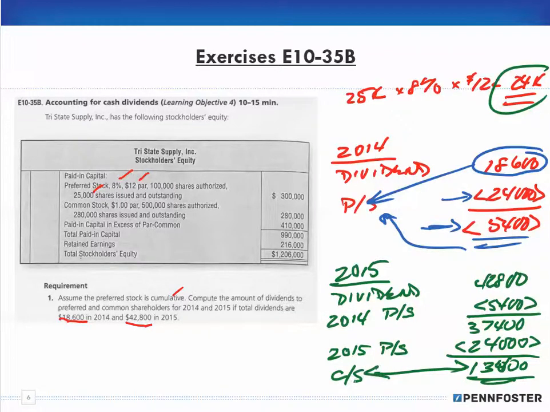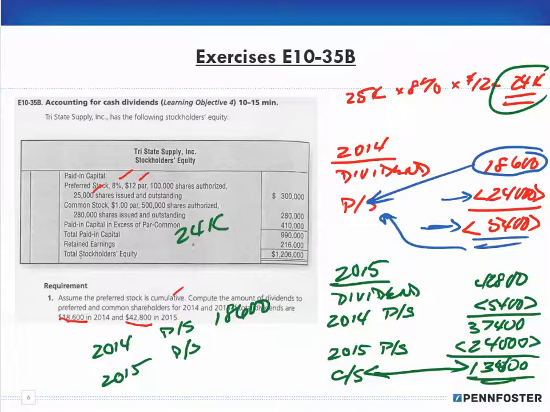Okay. So in 2014, the preferred had gotten 18,600, right? In 2015, the preferred had gotten the 24,000 that was owed for the year plus the 5,400, so it had gotten $29,400 in 2015, and that's for preferred.